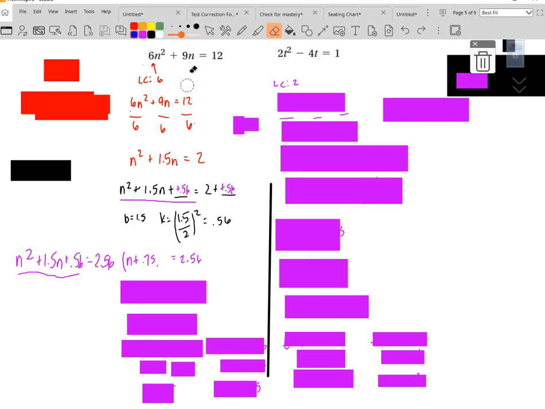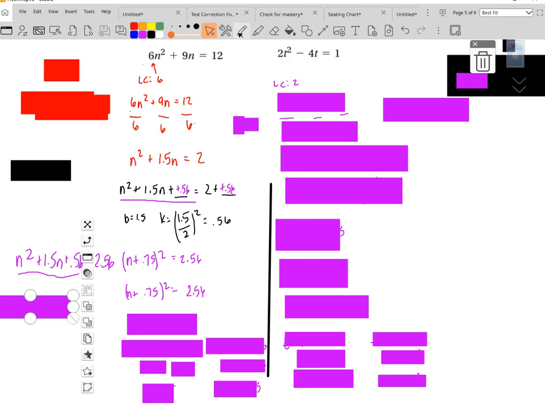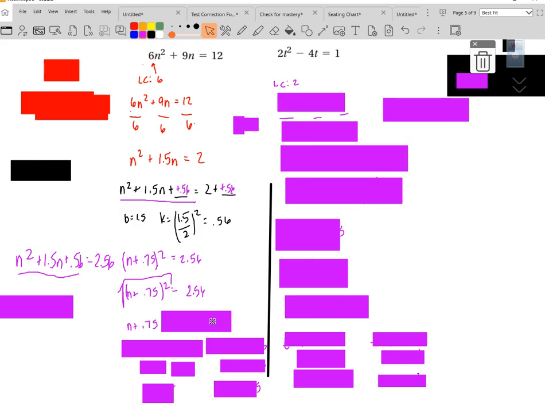A little wonky here. So now we can take the square root of both sides to solve. If we take the square root of the left side, it gives n plus 0.75. We take the square root of the right side, it's 1.6.